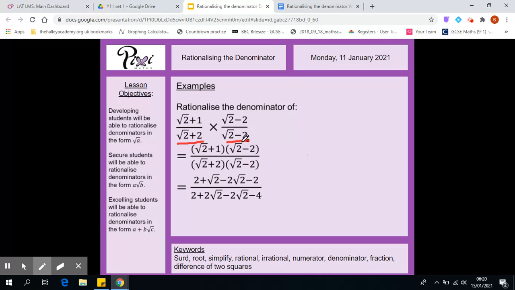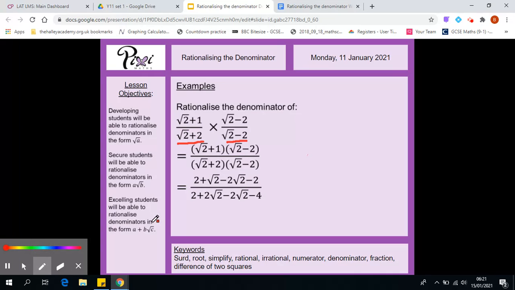This could be considered as a plus b, and the opposite pair is a minus b. So multiply the numerator and the denominator by a minus b, which gives us square root 2 plus 1 multiplied by square root 2 minus 2 over square root 2 plus 2 multiplied by square root 2 minus 2. Expanding them gives us 2 plus square root 2 minus 2 square root 2 minus 2 over 2 plus square root 2 minus 2 square root 2 minus 4.